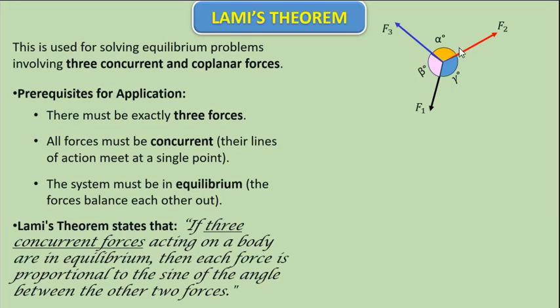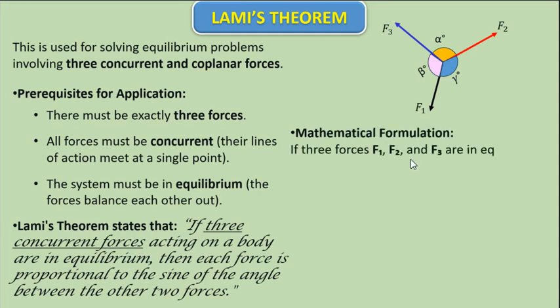Following the same argument, the force F2 will be proportional to the sine of angle beta. The force F3 will be proportional to the sine of angle gamma. Now, mathematical formulation.